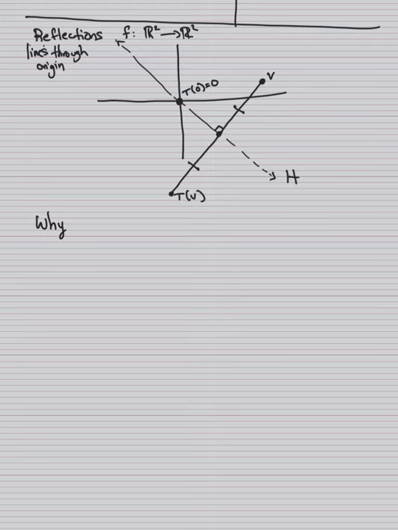You know what, F was just a terrible choice of letter. I'm using it too much, so let me erase this and just call this RH. So, reflection over the line H passing through the origin. So why linear?